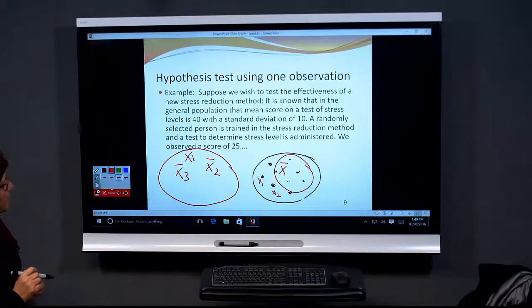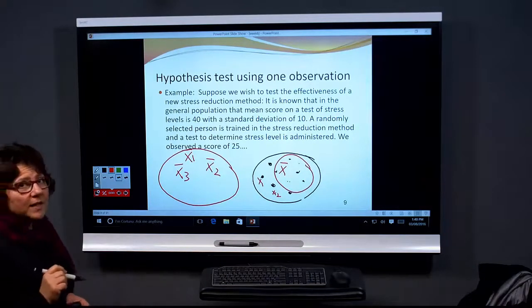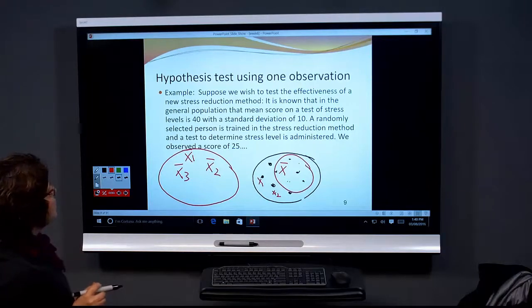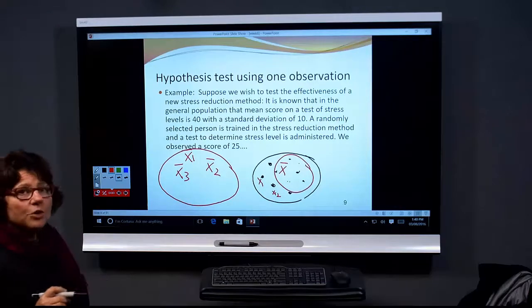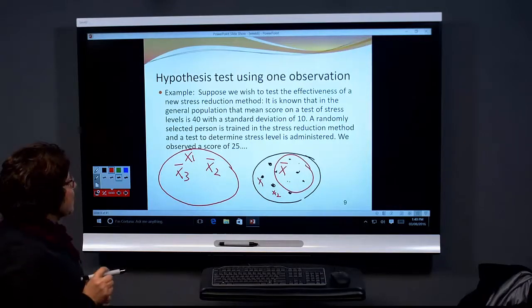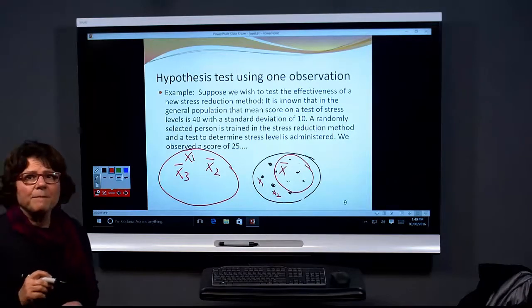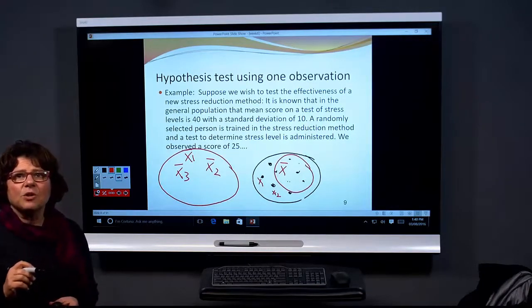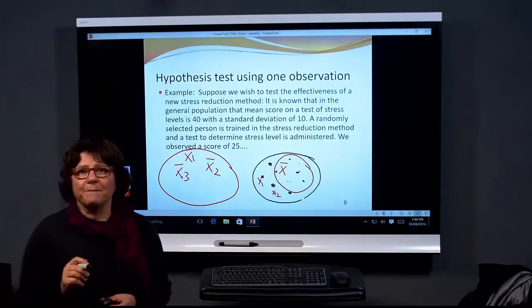we are talking about the distribution of means. Now, the example we want to talk about is, suppose we wish to test the effectiveness of a new stress reduction method, and it is known that in the general population, the mean score on the test of stress level is 40 with a standard deviation of 10.